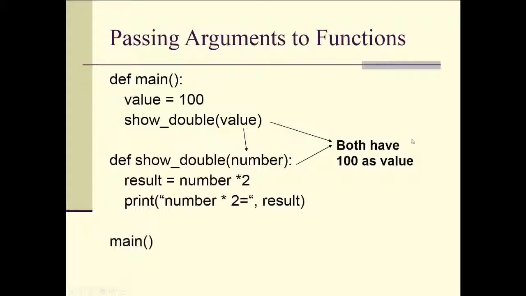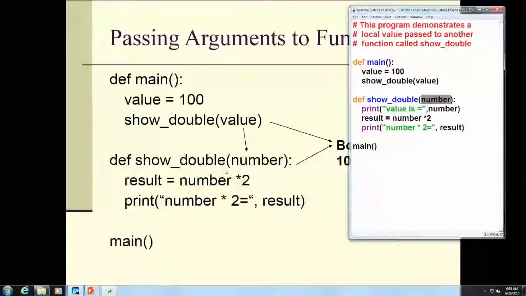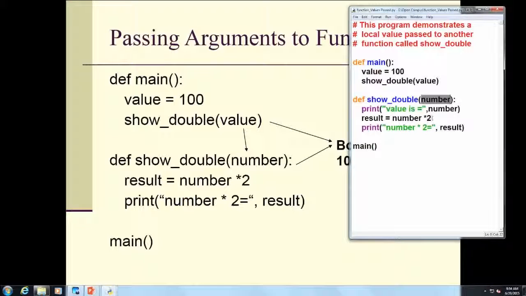So what it looks like is this. So you can see that the show double here has passed 100 to the variable number in the show double function, and we're going to use that. So now we're going to use that to do this with, and when we're finished, of course, then we're done with the program.